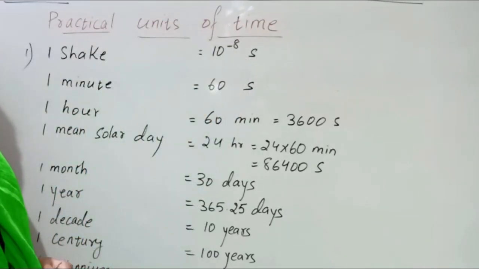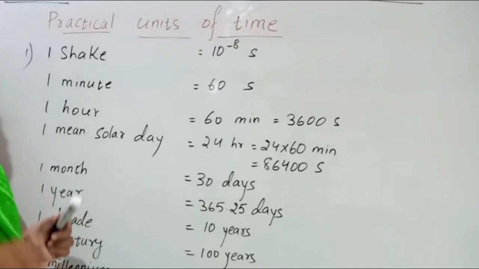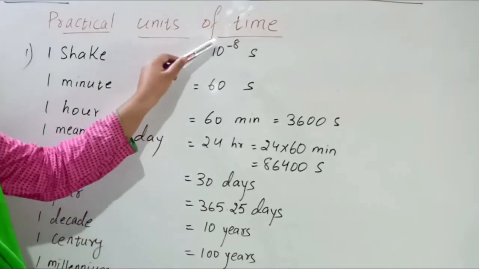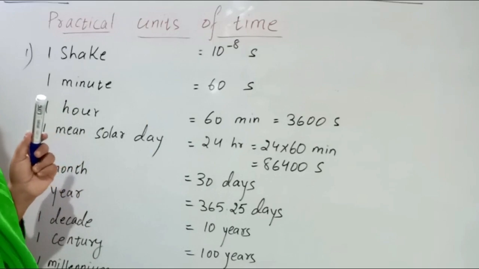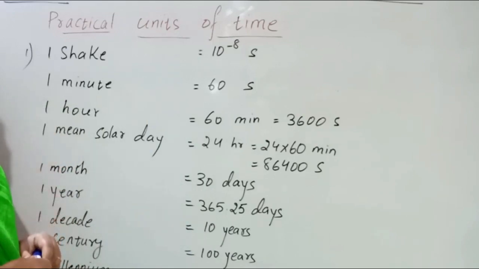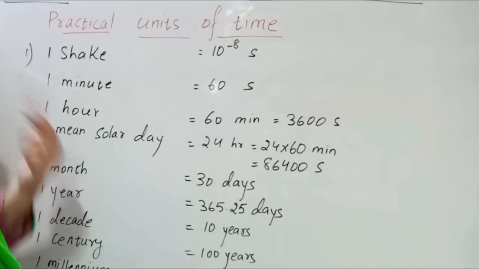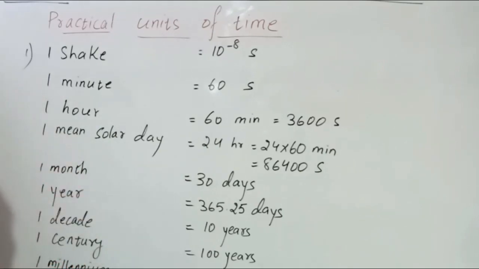Once again I will repeat, if the power is negative, it's a small value. So one shake is equal to 10 to the power minus 8 second. It means it's a very small value, a very small fraction of a second.